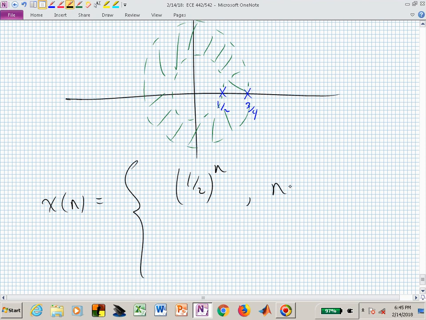If you just forgot about the 3/4 and let that region of convergence go outside, you know that this is n greater than or equal to 0.